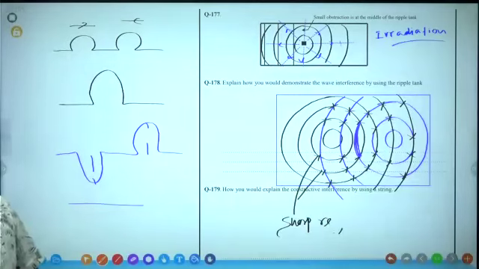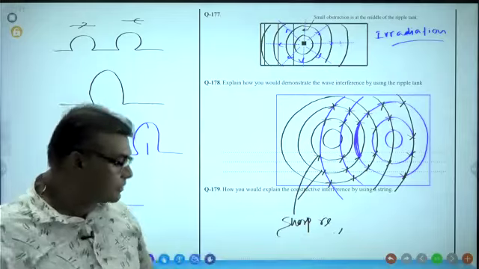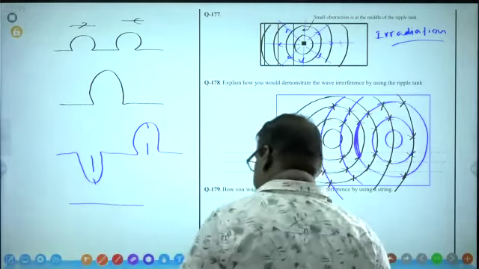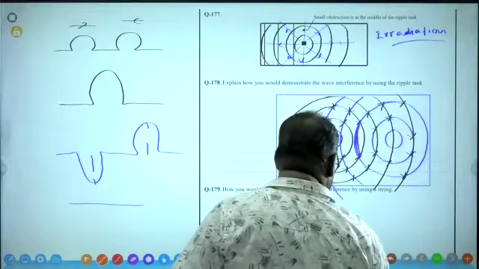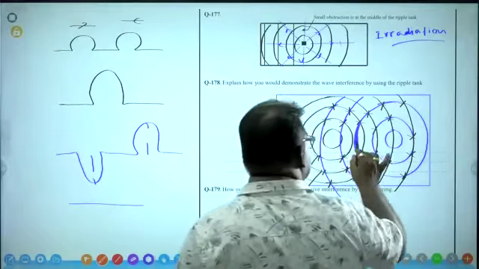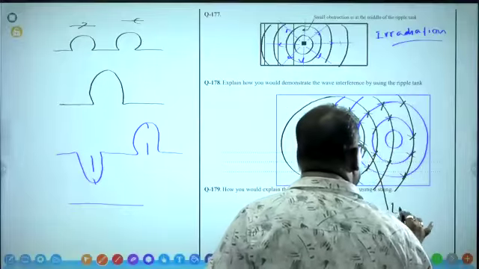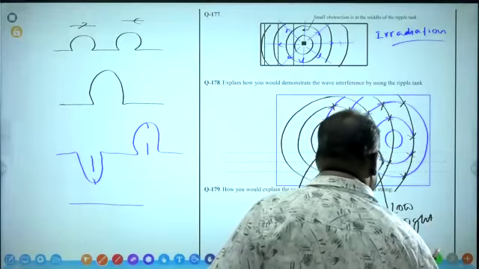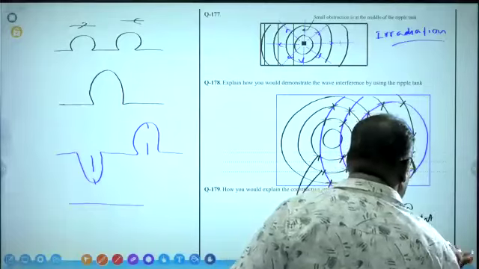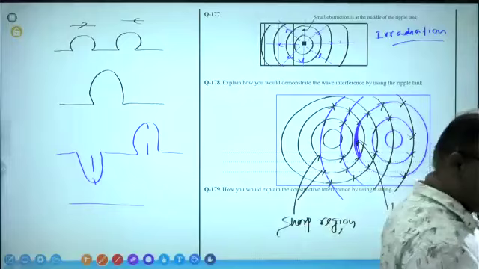Okay, then note down here: sharp regions. Here, low bright region.